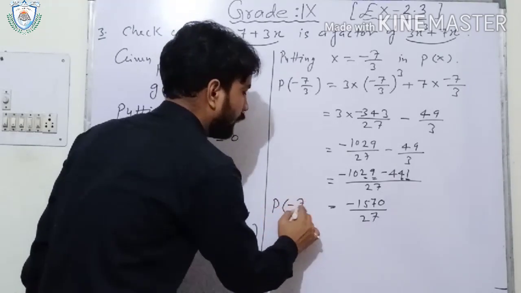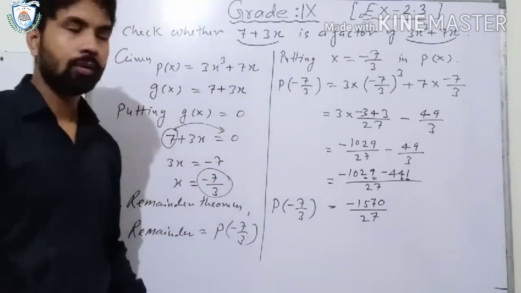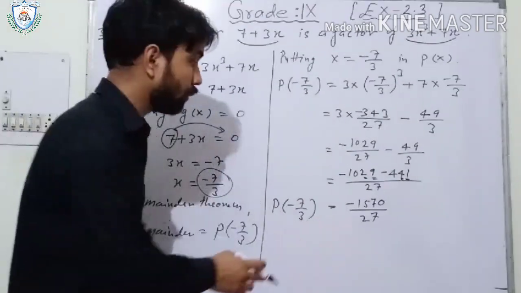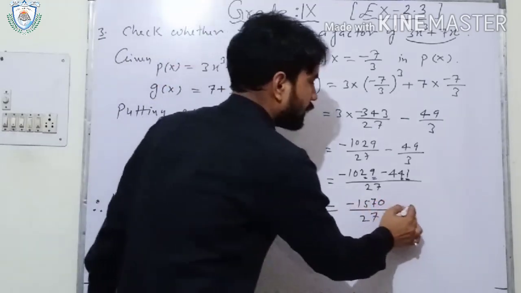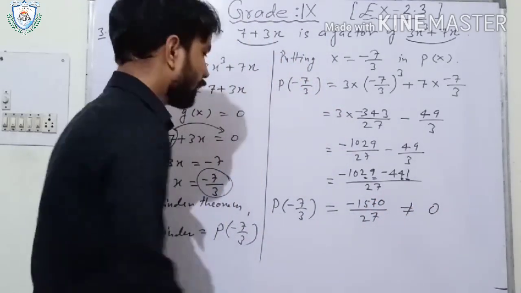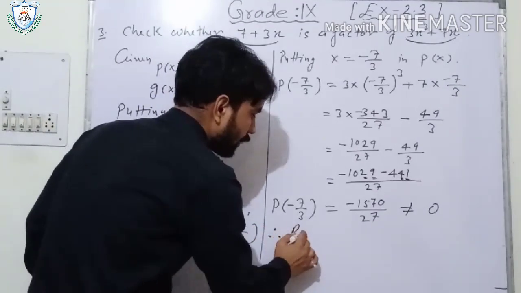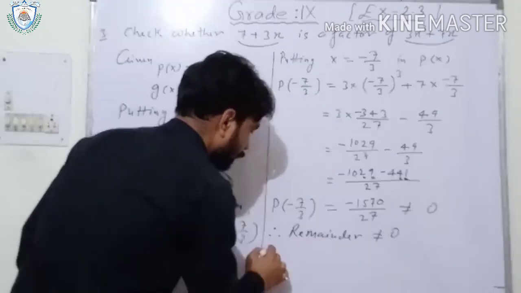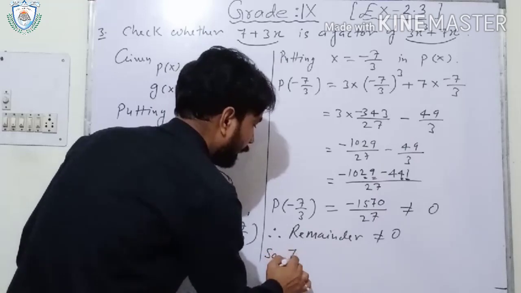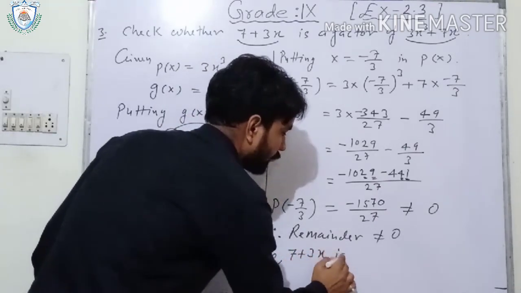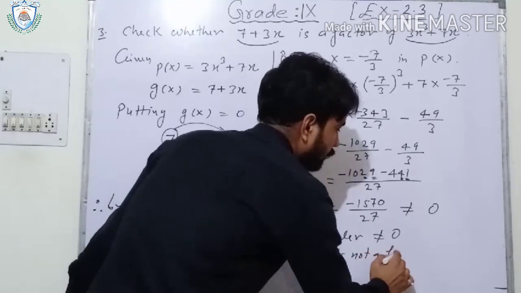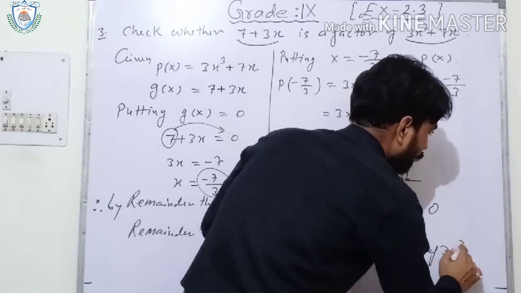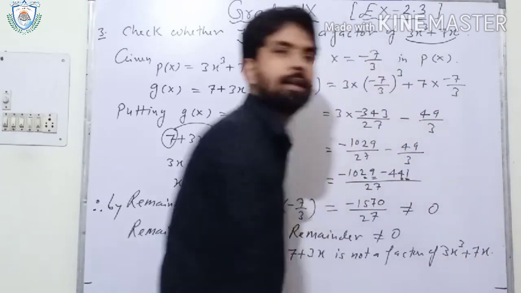But I told you if the remainder is 0, then g of x is a factor of p of x. But here the remainder is not 0. So what you have to write here? Remainder is not equal to 0. Hence the remainder is not equal to 0, so 7 plus 3x is not a factor of 3x cube plus 7x.